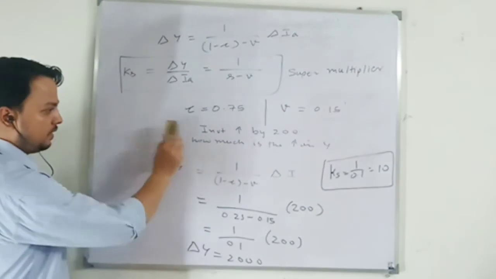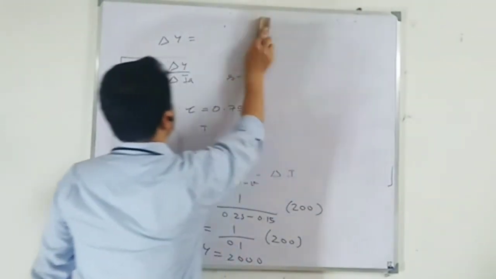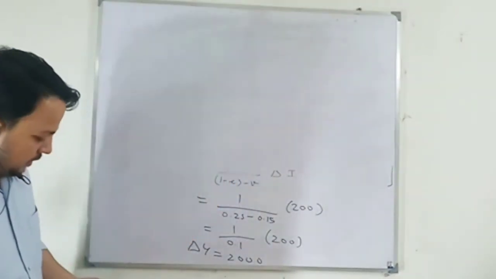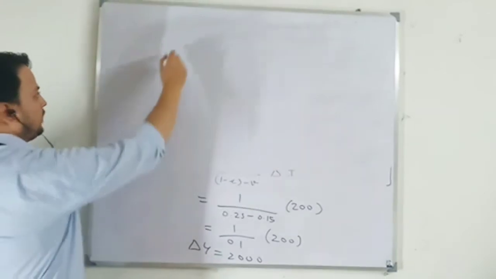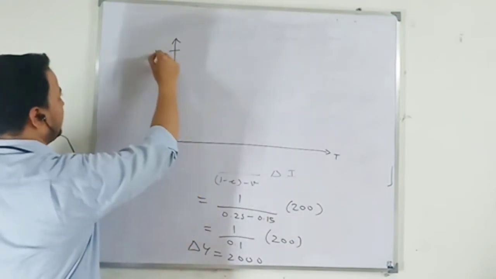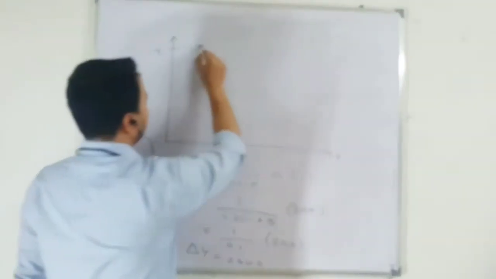So in terms of graph, let me rub this part. In terms of graph, with respect to time, I'm looking at the dynamic path. Say this is y1, when the previous income plus this 2000 increase in income is y1.